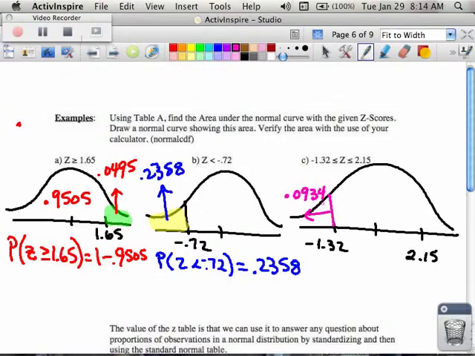If we look at the amount of data that is below 2.15 from our table, we see that that information is 0.9842.